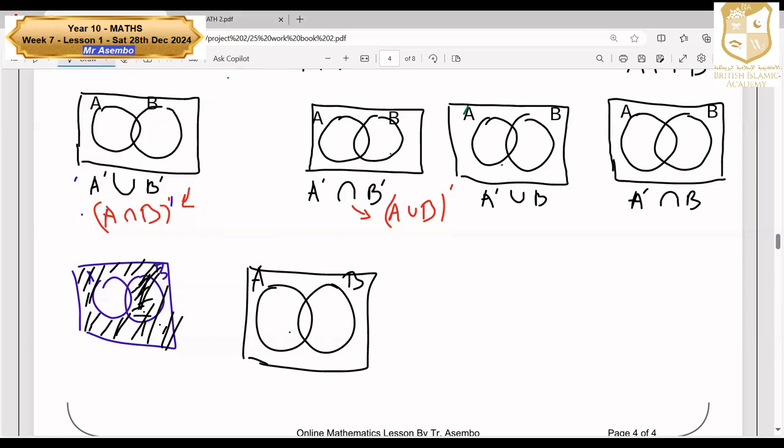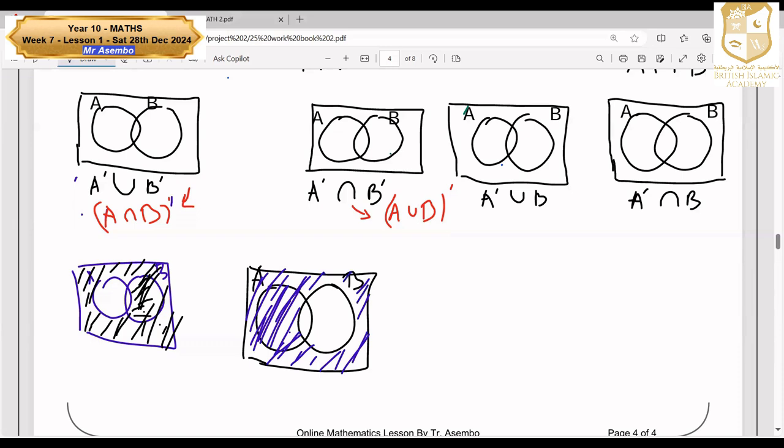Everything that is not in B is this one.